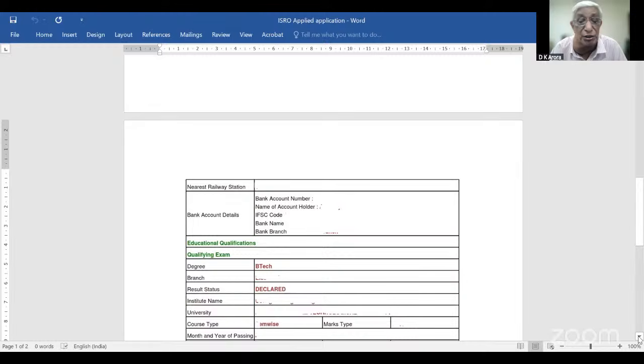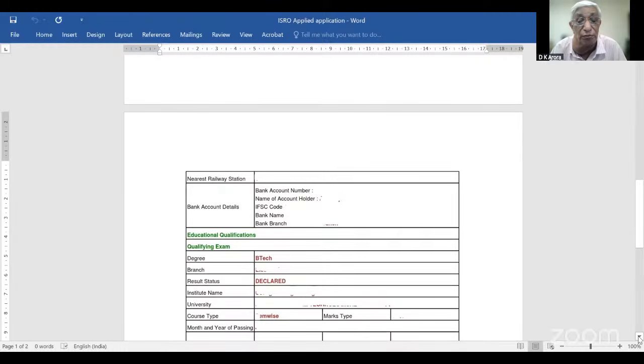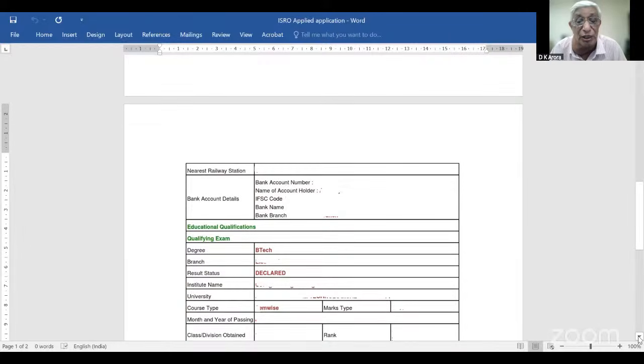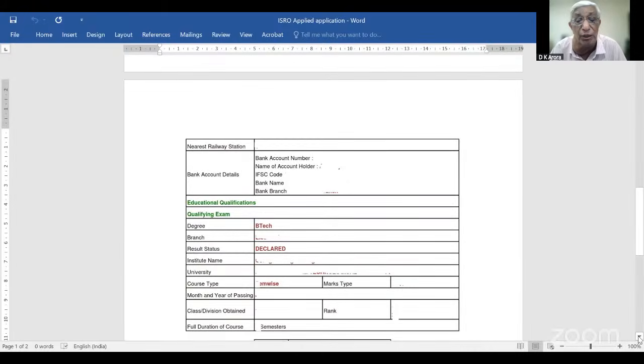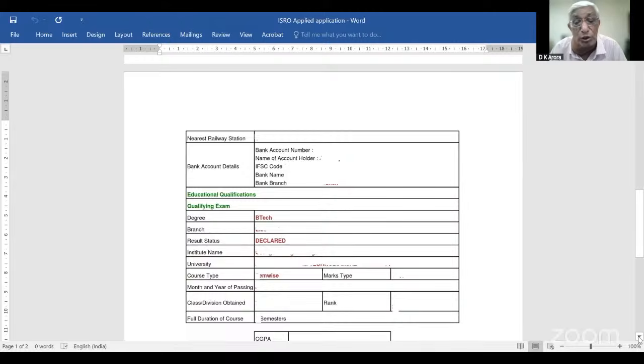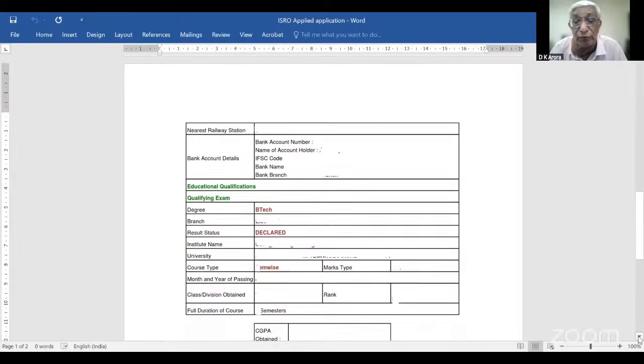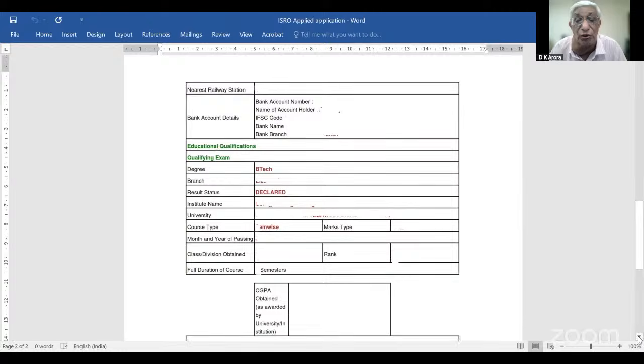Educational qualifications, your degree is BTech or BE or whatever, then branch is electronics or mechanical or whatever. Then result status is obviously it has to be declared because the date of filling was late enough. Institute's full name, university, course type, semester wise or whatever.